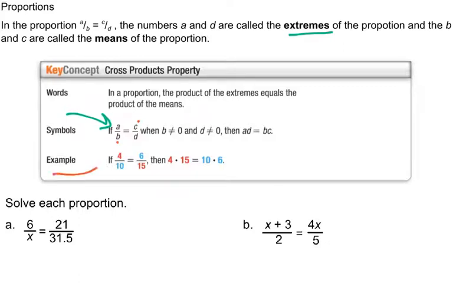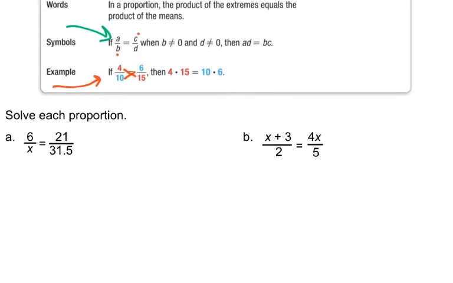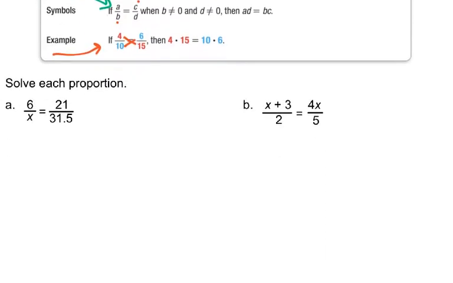So the example here, it says if 4 over 10 is x over 15, again you would multiply diagonally. 4 times 15 is equal to 6 times 10. And you get 60 is equal to 60. So that's why we know that that proportion is true. So here it says solve each proportion. Again, we're going to multiply.